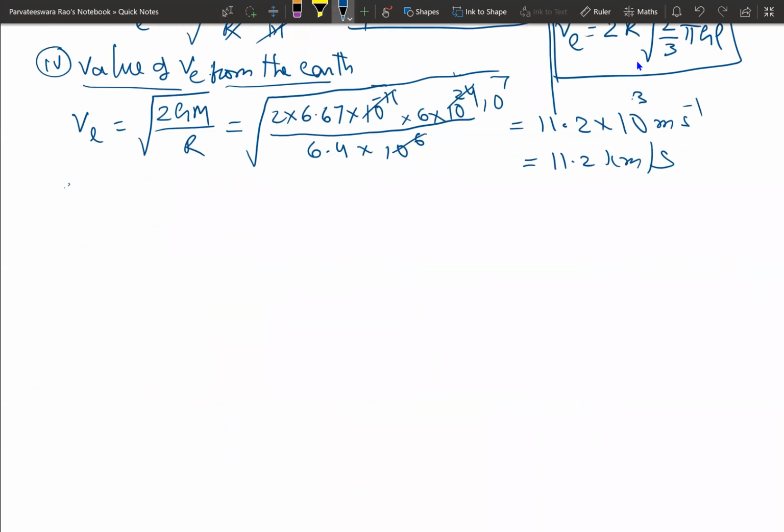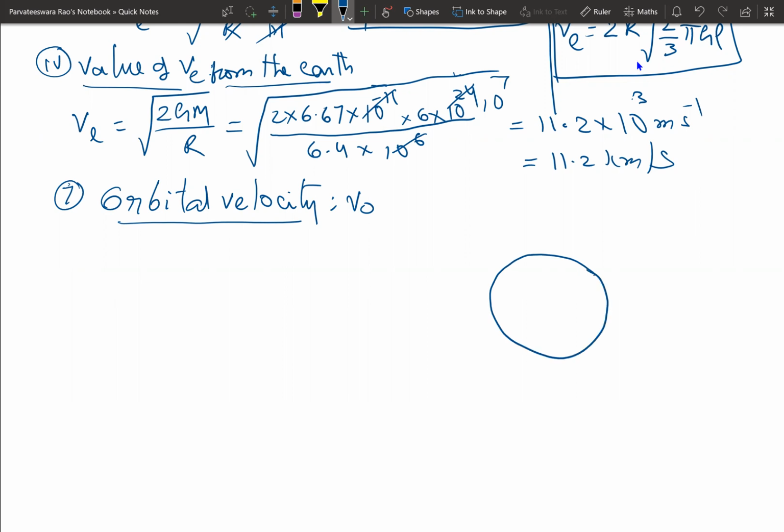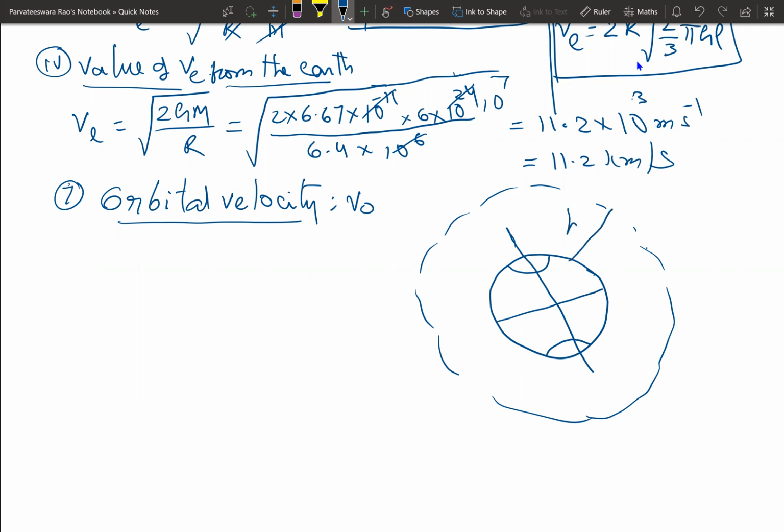Then next is orbital velocity, represented by V naught. So here is the Earth. This is the axis, and here is the orbit at a height h, and this is the Earth's radius.